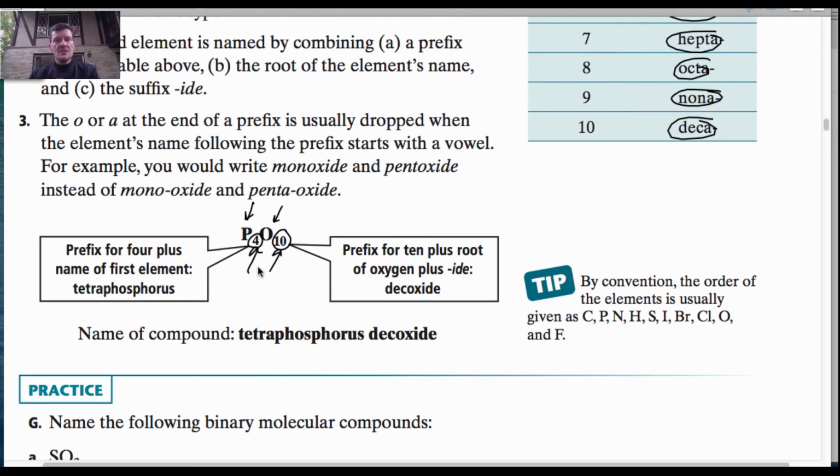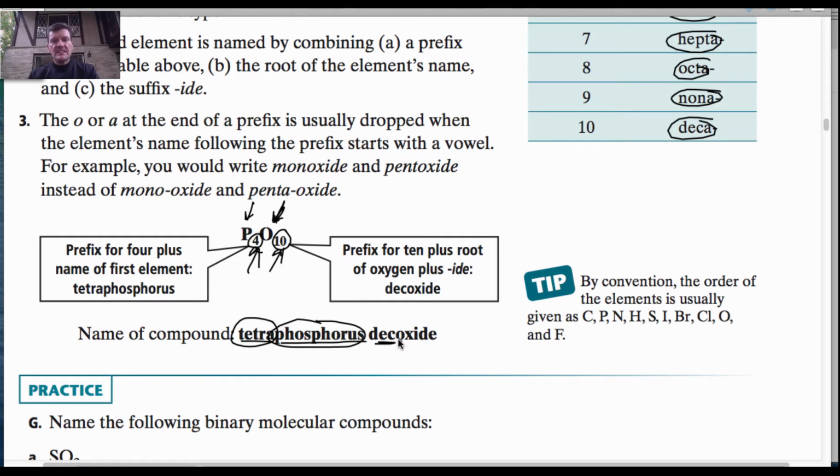So this is going to be phosphorus. There's 4 of them, so it's tetraphosphorus. There's your 4 prefix, and the name of the first nonmetal stays exactly as it is on the periodic table. And then 10 is deca, and the second nonmetal also changes its ending to IDE.